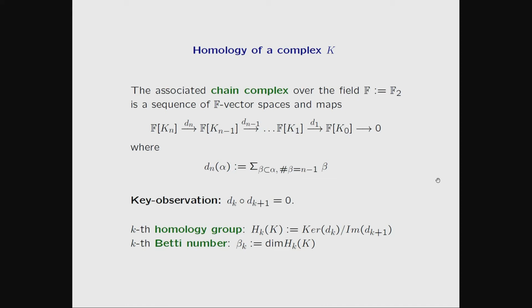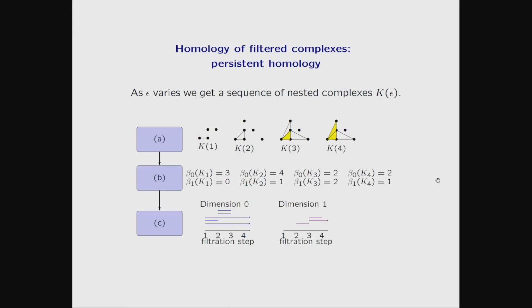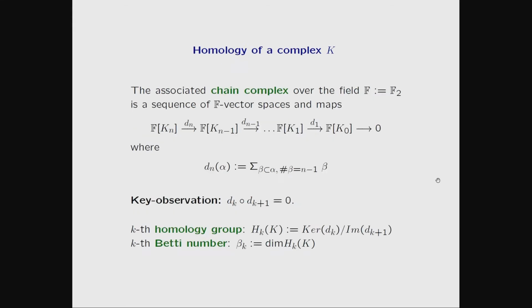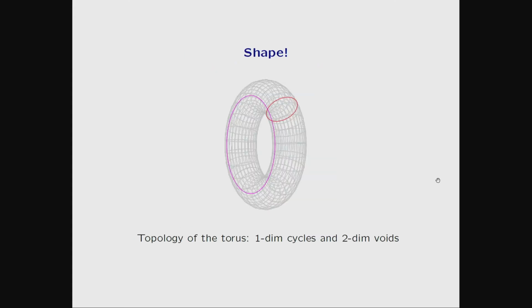of this homology group. But I can also just think of it as the dimension of the kernel minus the dimension of the image. Now, as an example, let's look actually at the torus. What is a torus?